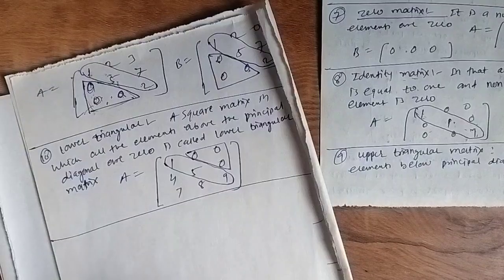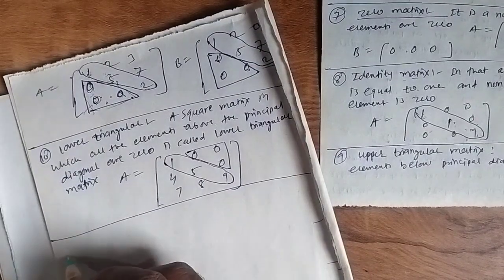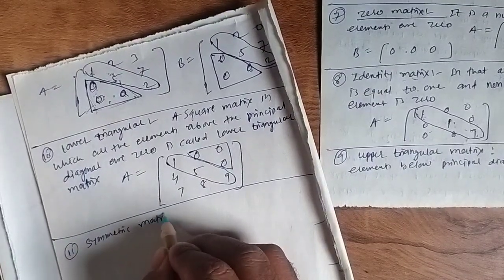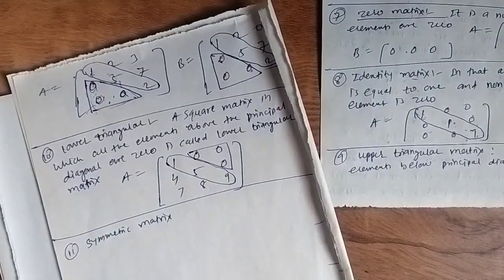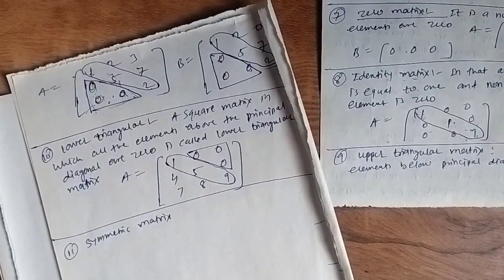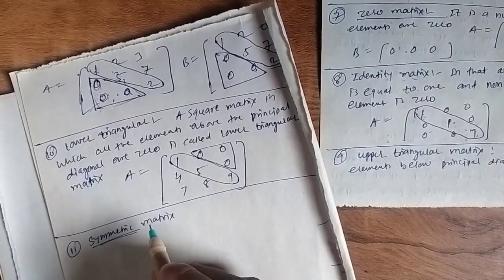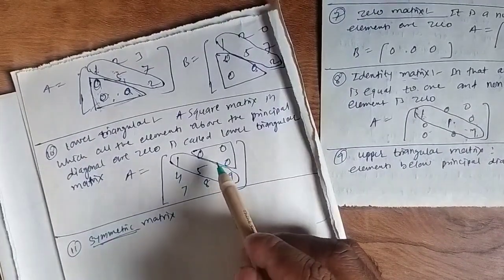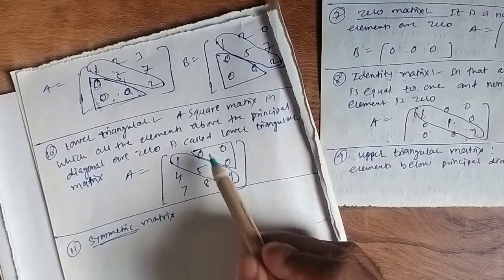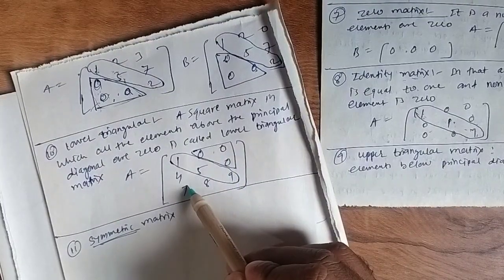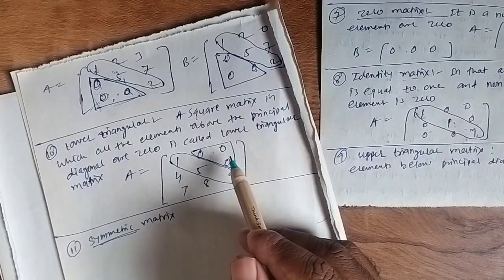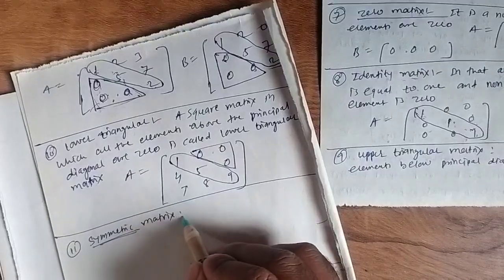Next matrix is symmetric matrix. As the name indicates, the elements are symmetric. It means the upper triangular elements and lower triangular elements are the same, they are mirror images of each other.